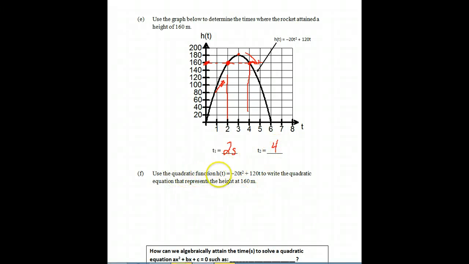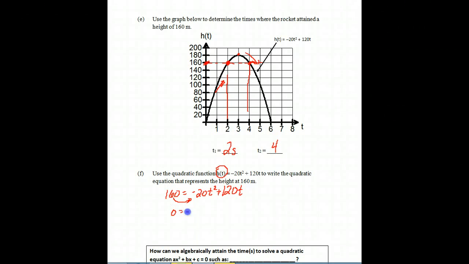And use the quadratic function to write the quadratic equation that represents a height of 160. When we said at the beginning, this here will be your height. So height is 160. And I could leave it this way, but what I will do is move the 160 over.